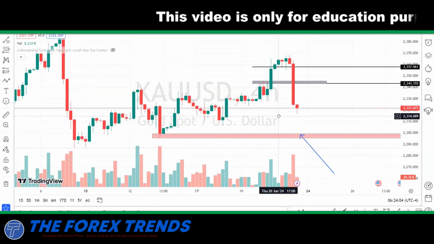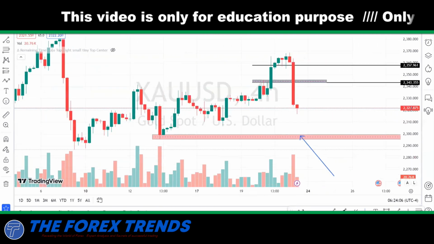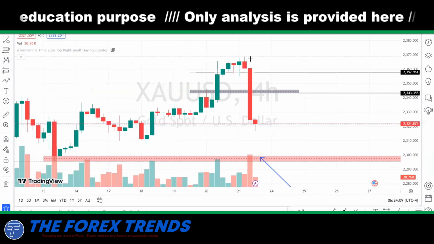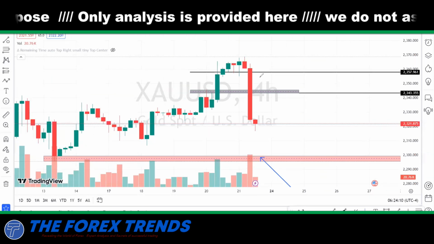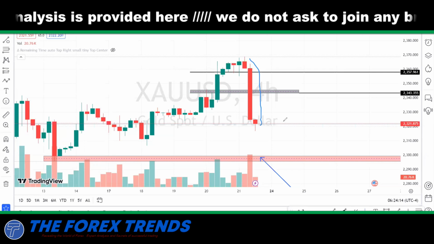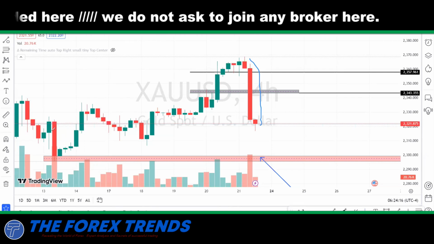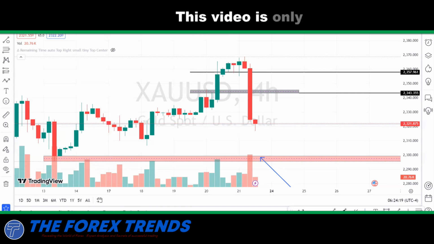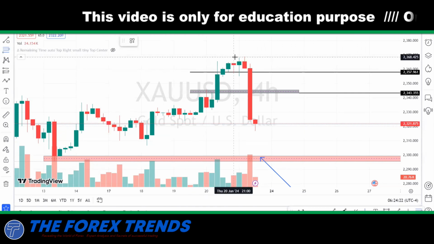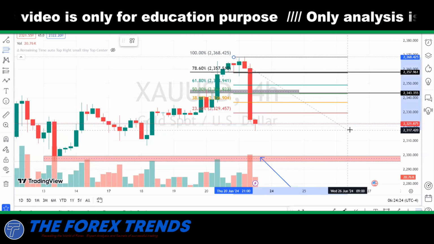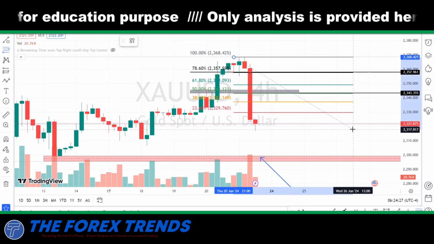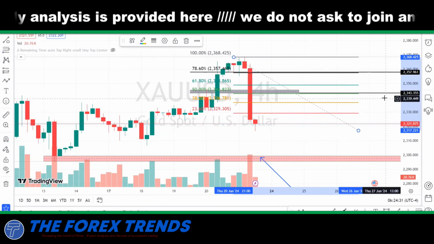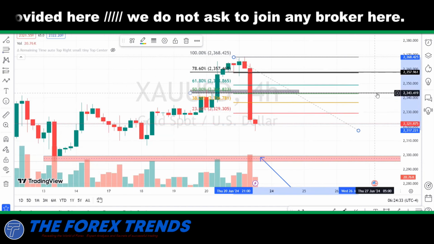Okay, so if I plot the Fibo for this impulse, this is an impulse we have seen on Friday, and I already marked the black lines.